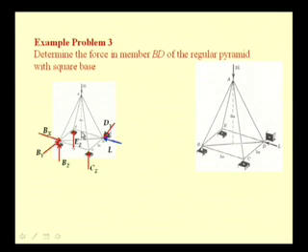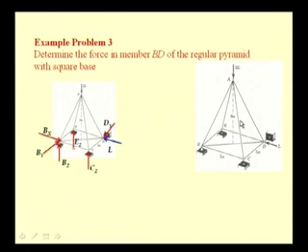So, we see that we have a total of 3 plus 3, 6 unknown reactions to be determined, and from the free body diagram of the complete truss we have 6 equations, that is 3 force summation equations and 3 moment summation equations, thereby it is possible to determine all the reactions.